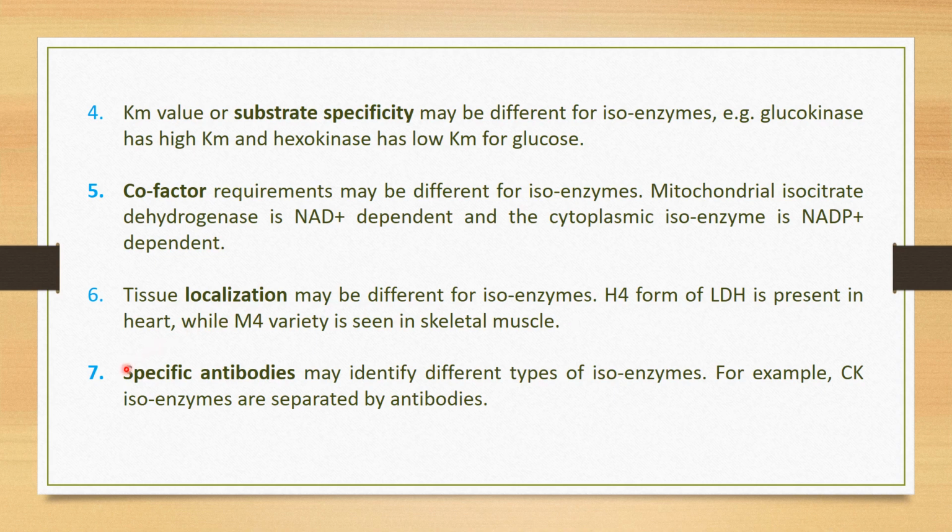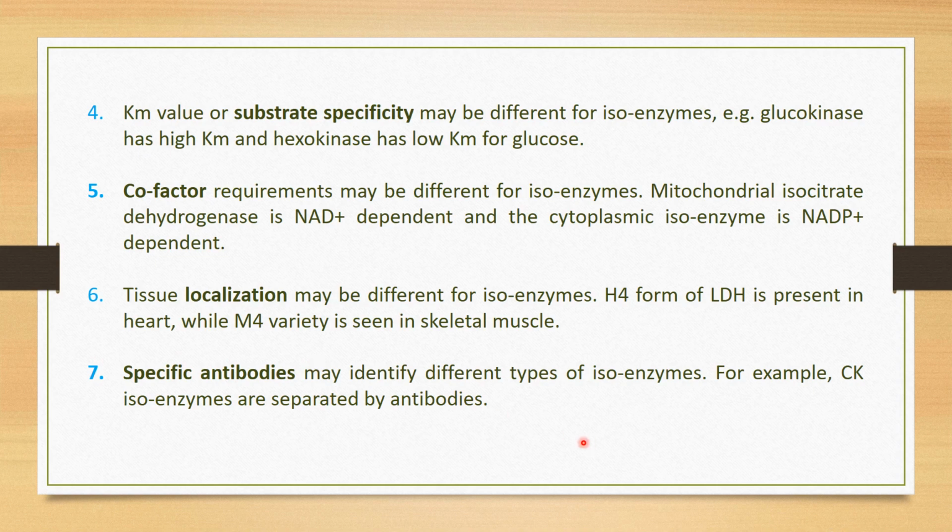And sensitivity towards specific antibodies may also differ. Some are sensitive to a particular antibody, whereas some are not, and this property can be utilized to separate the isoenzymes. A classic example is creatine kinase, which can be separated by using specific antibodies.